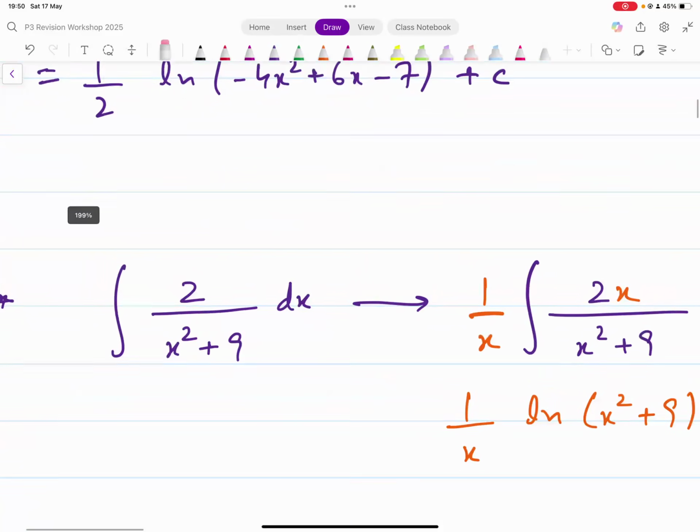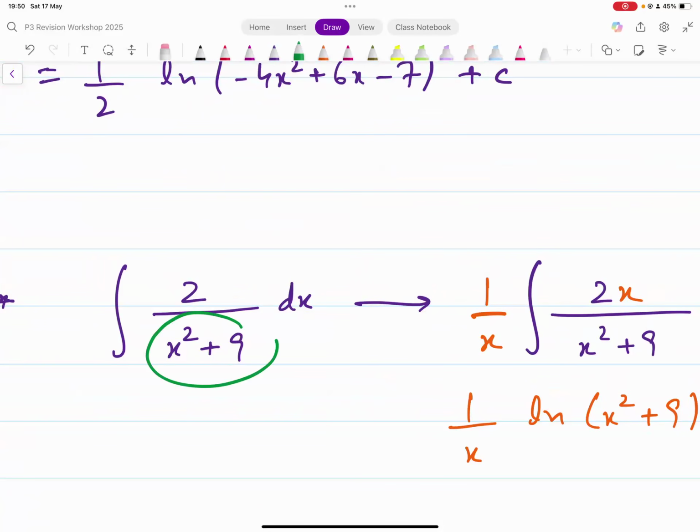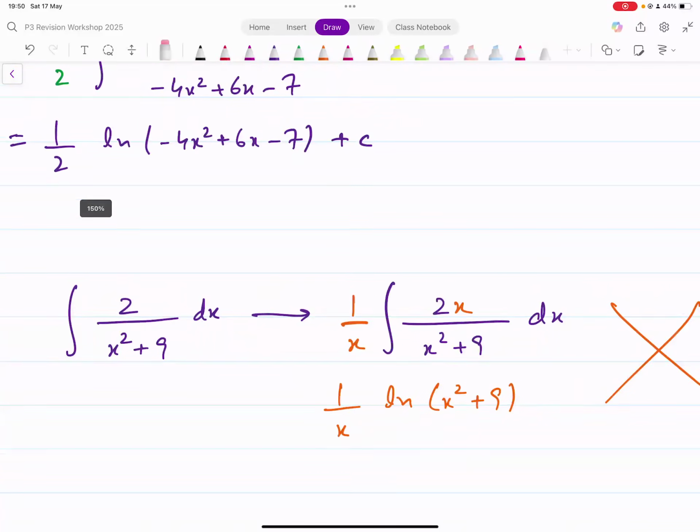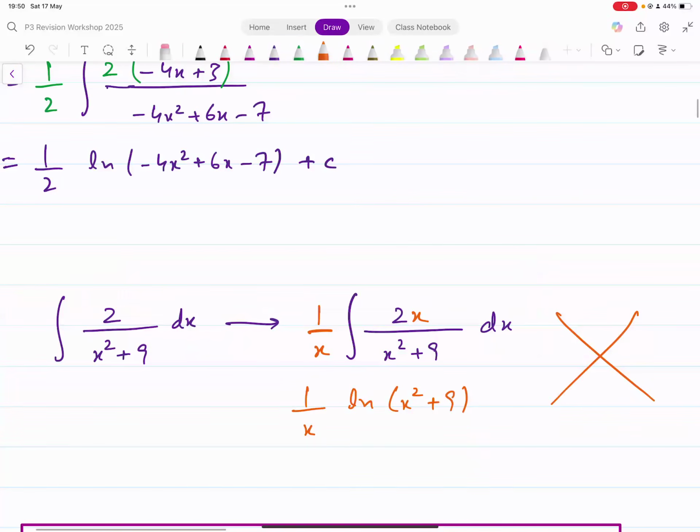Now, if we had 2 over x squared plus 9, what's the derivative of the denominator? The derivative of the denominator is 2x. So we want 2x in the numerator. We already have a 2 there. So we could think of multiplying by x and then dividing by x outside, but that does not work. We can only multiply and divide by constants, not by x.